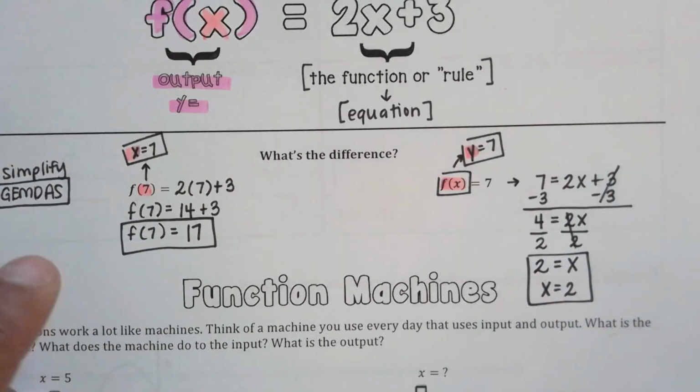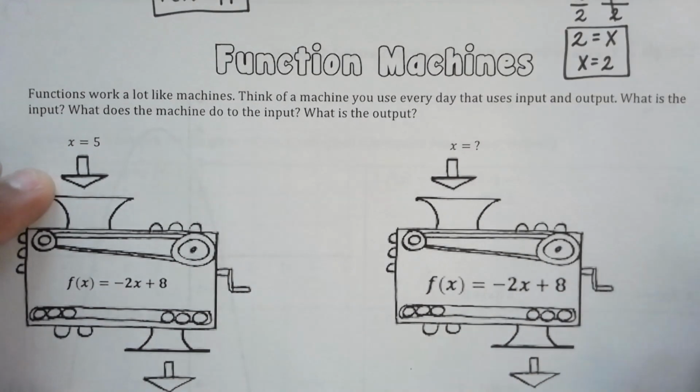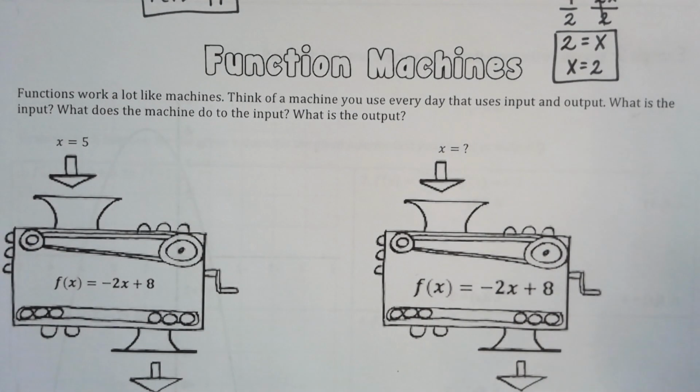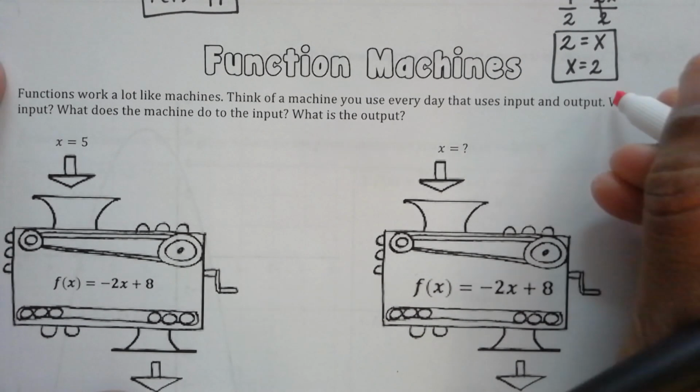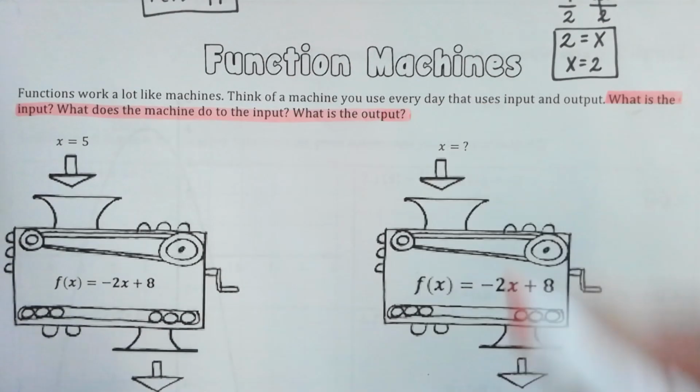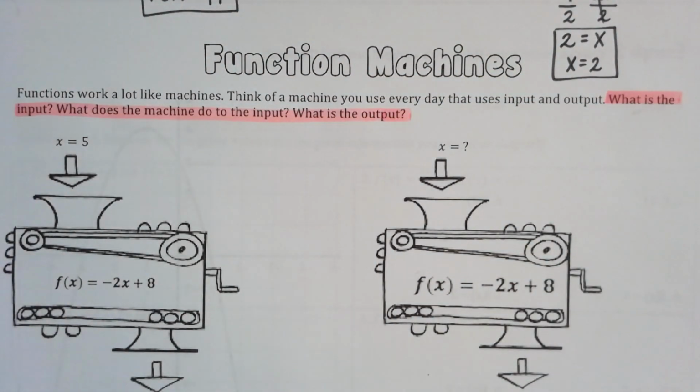Okay? So, function machines. Functions work a lot like machines. Think of a machine you use every day that uses input and output. What is the input? What does the machine do to the input? What is the output? Those are the questions that we need to answer. The best example I tell people is, what is your goal by putting bread in a toaster?